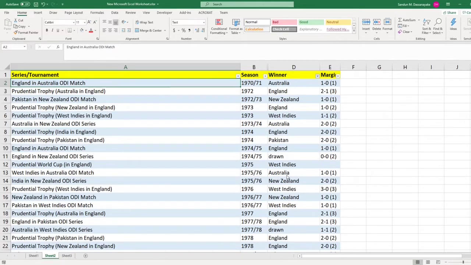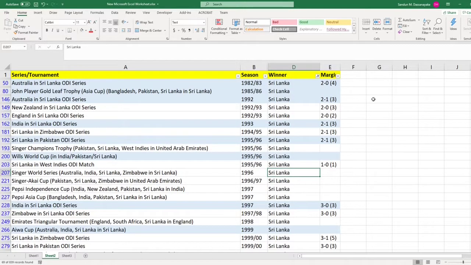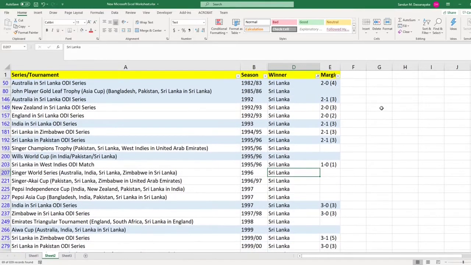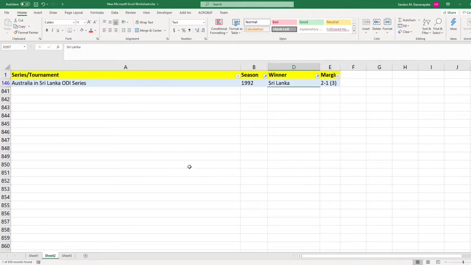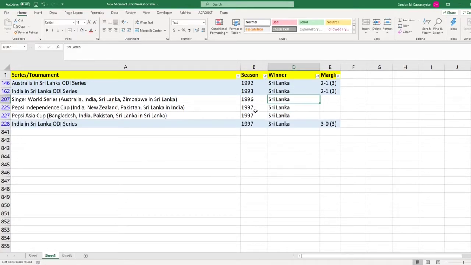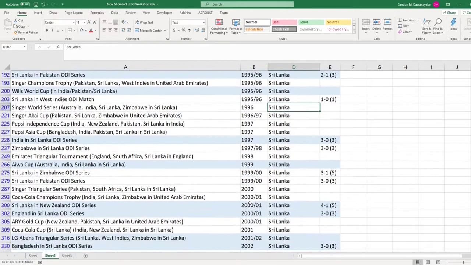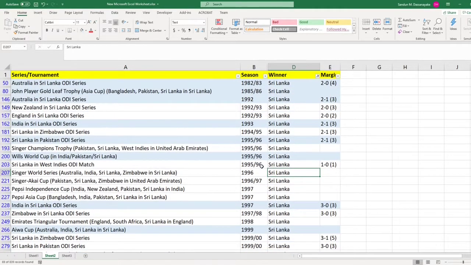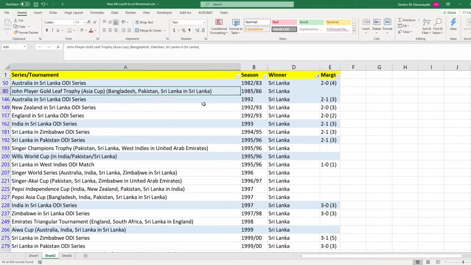From this, if I look at Sri Lanka's victories from the past up to 2020, I can see how we have developed as a team. You can see 1992, 1993, we have a single series victory, of course 1996 as well, and in 1997 we have 3 series victories. Likewise, if we properly organize our data, we can look into each cluster and make intelligent decisions about our data system.